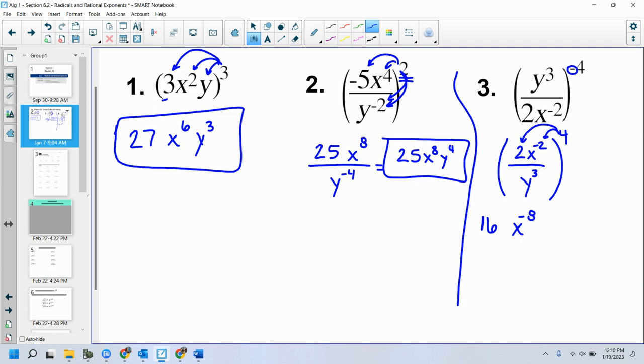Negative 8. Oh, yeah. That one we multiply. I know, tricky, right? Over y to the 12. Can I leave that as an answer? No. Drop the x down. I like to put it in alphabetical order. X to the 8th, y to the 12th. Questions about those 3 warm-up problems?